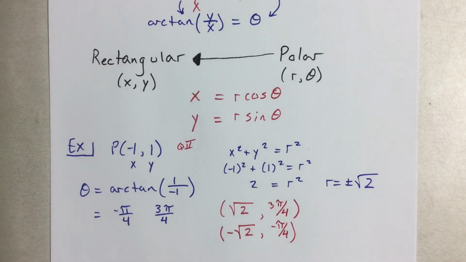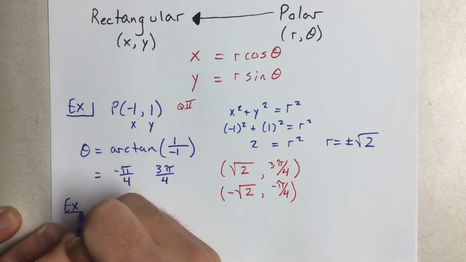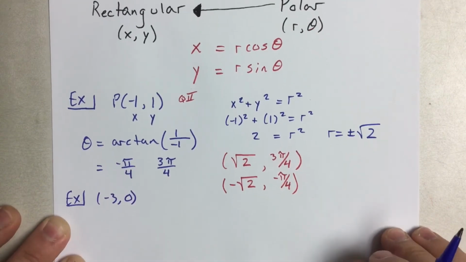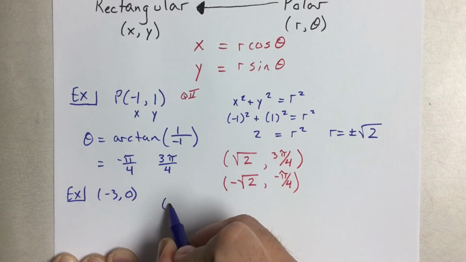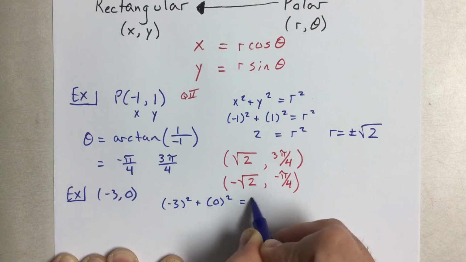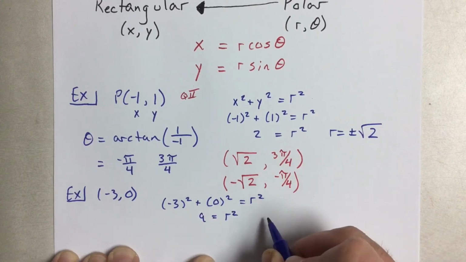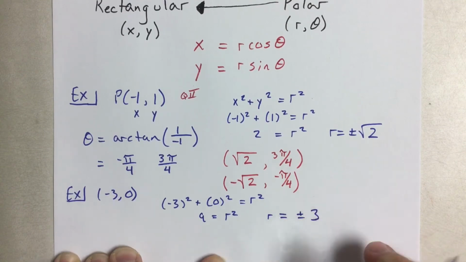Let's try another. So let's say we had here negative 3, comma 0. Just using our conversions, we get negative 3 squared plus 0 squared equals r squared. That gives us 9 equals r squared, which would say r is positive or negative 3.